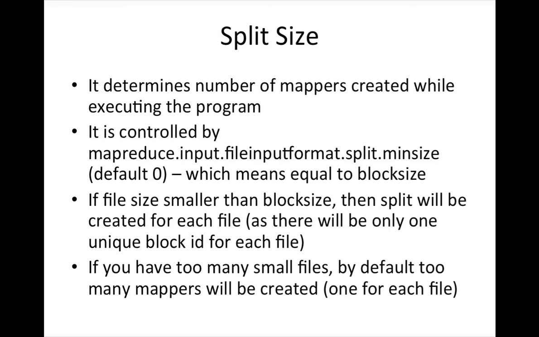Especially for this program with too many small files, we will see how we can address the issue, and without consolidating, also how we can reduce the number of mappers while developing our MapReduce application. So I'm not only explaining the concepts but also trying to create the problem statement so that all these things can be thought of when we actually develop the next MapReduce application.